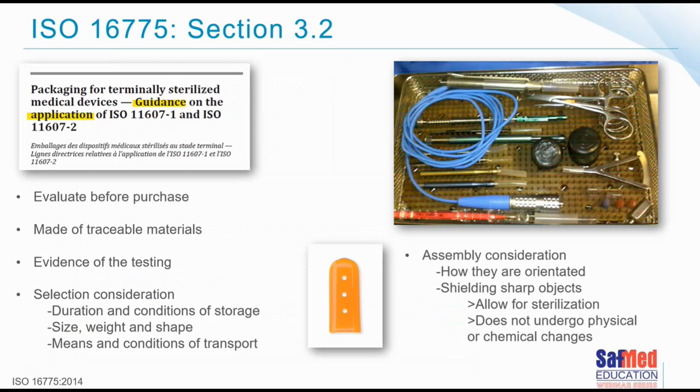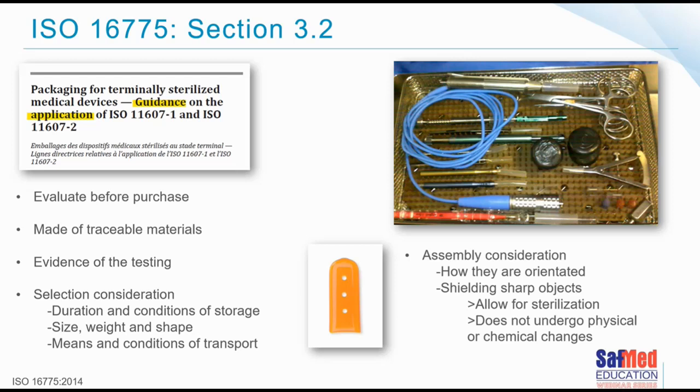In the first section, it talks about the fact that before you purchase any form of sterile barrier system, you need to evaluate it thoroughly. Of course, you need to have made sure it's made of traceable materials, it's non-toxic. We learned all about that last week. You need to have the evidence of the testing. We learned about that testing last week. And of course, your supplier can provide that to you.